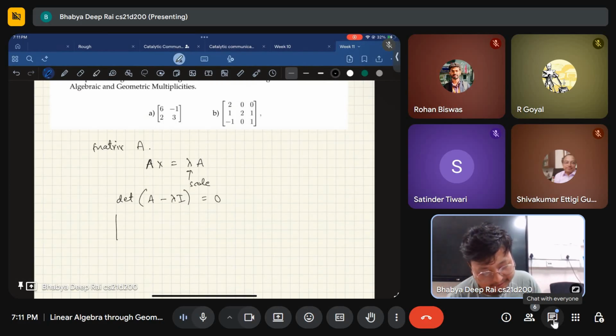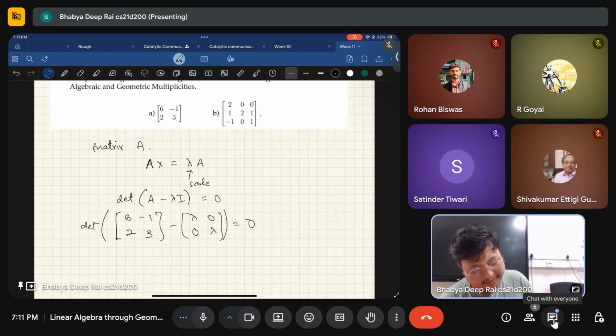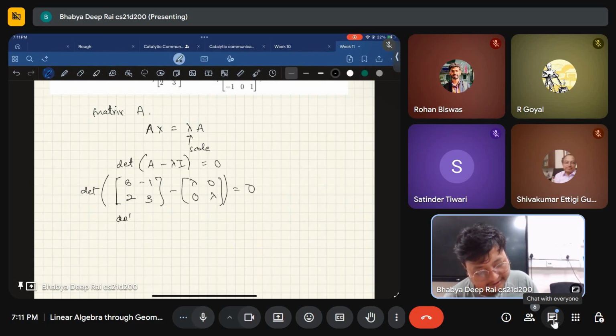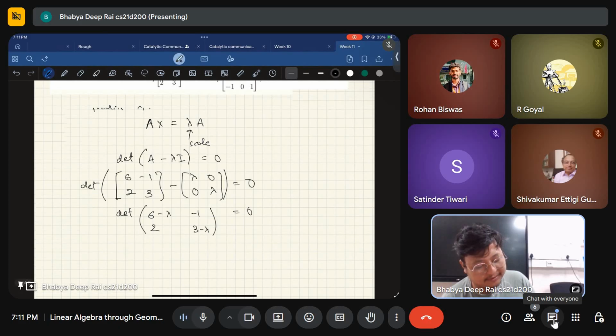So here, determinant of the matrix 6, minus 1, 2, 3 minus lambda times the identity, which is the determinant of 6 minus lambda, minus 1, 2, and 3 minus lambda, equals 0.